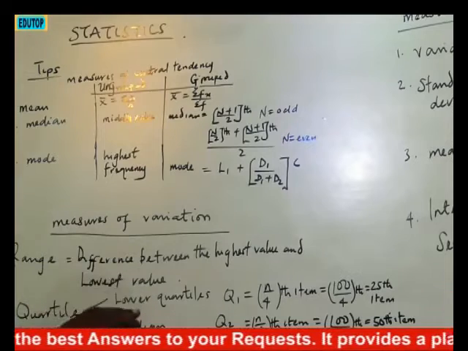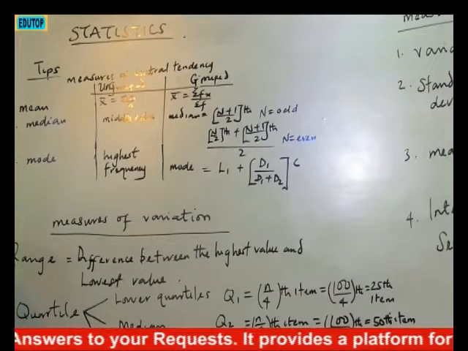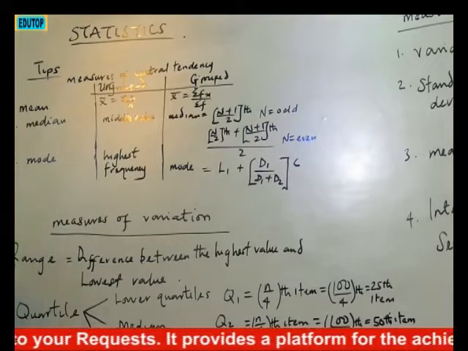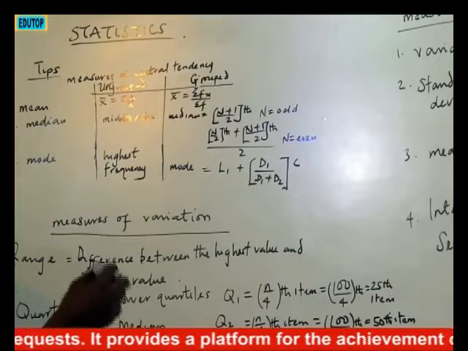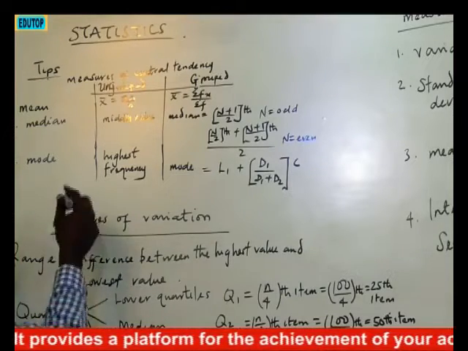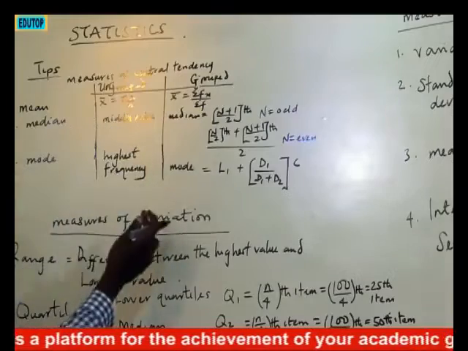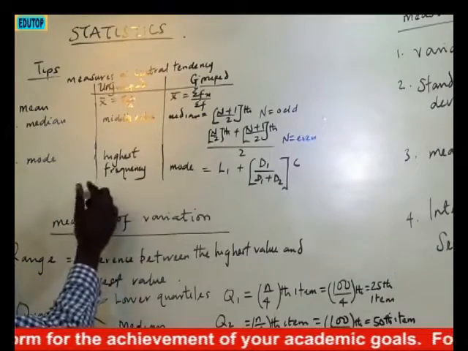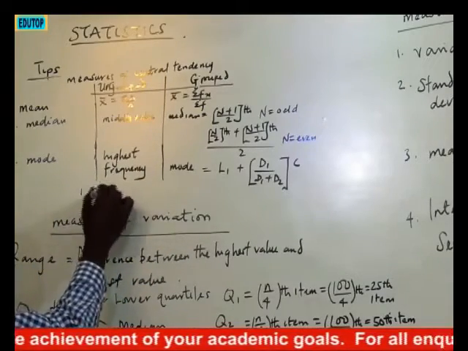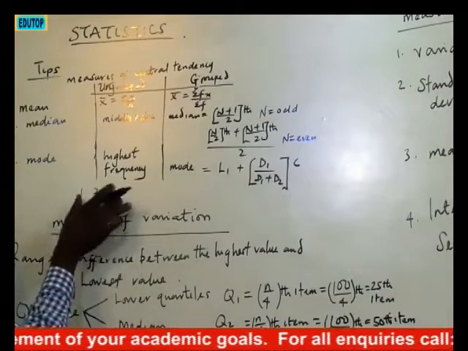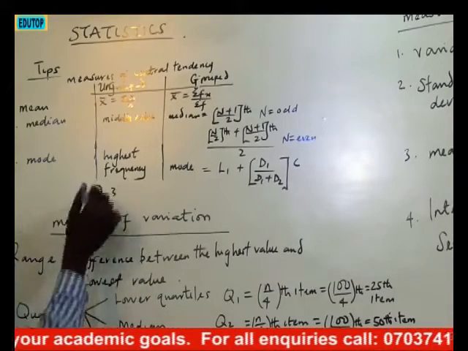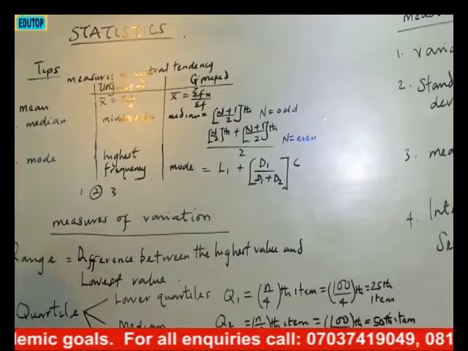Then we can pick the middle number as our median. If we have an odd number of values, the median is very easy. If you have, let's say, 1, 2, 3, this is odd.